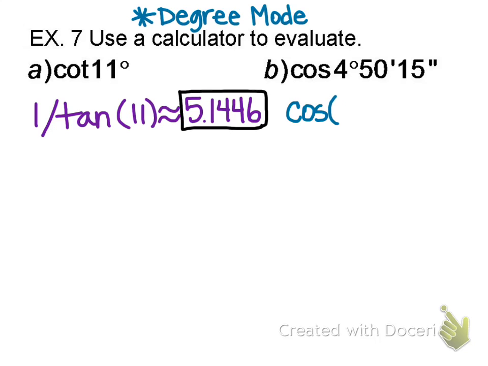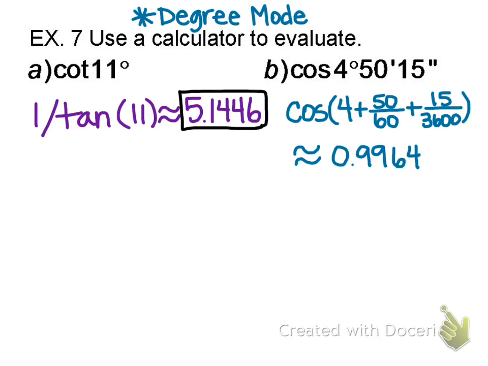And then I'm going to type the degrees as they are, plus 50 over 60, that's the minutes, plus 15 over 3600 is the seconds. So if you go ahead and type that in at one time, then we can find the approximate value of the cosine of this angle. So again, we're going to go to 4 decimal places. So this is going to be 0.9964.